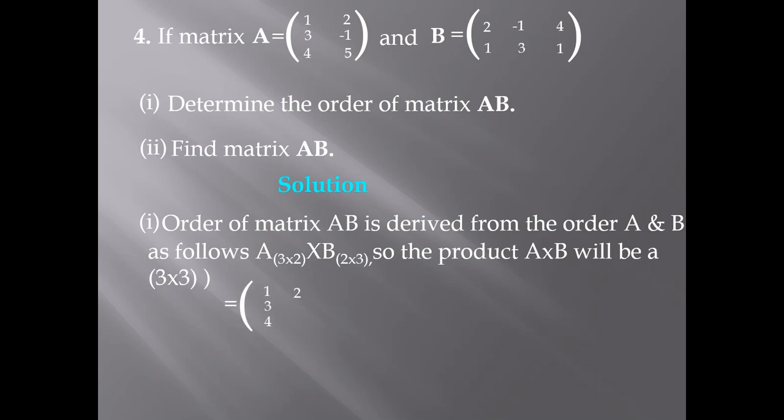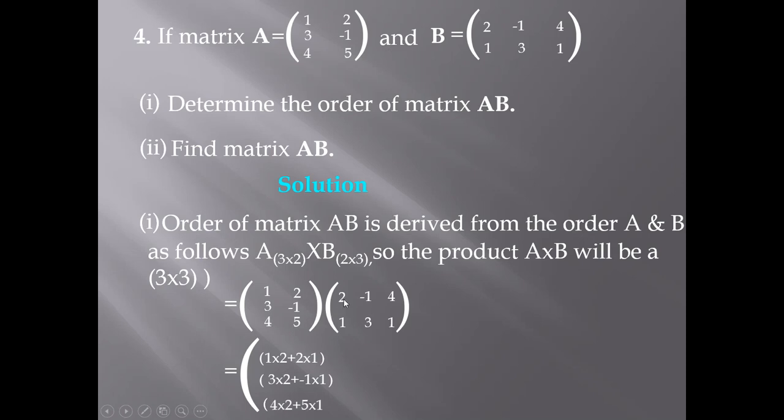So we can now proceed with our multiplication using the same approach, row by column. This time we have to do more work because the rows and the columns are many. So we shall have 1 times 2 plus 2 times 1, which is here. Now we proceed to this. 3 times 2 plus negative 1 times 1. 4 times 2 plus 5 times 1.